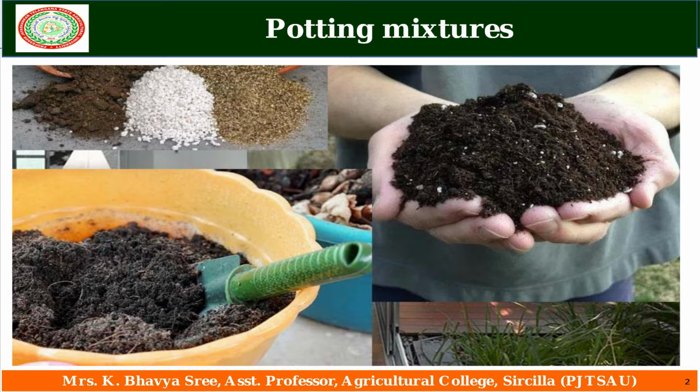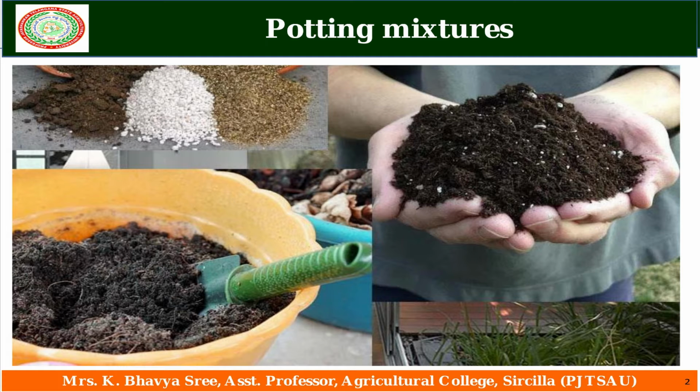So different materials are mixed in different proportions for supporting the complete and good growth of the plant. So these mixtures, when they are mixed and used for growth of the plant, we call it as a potting mixture.